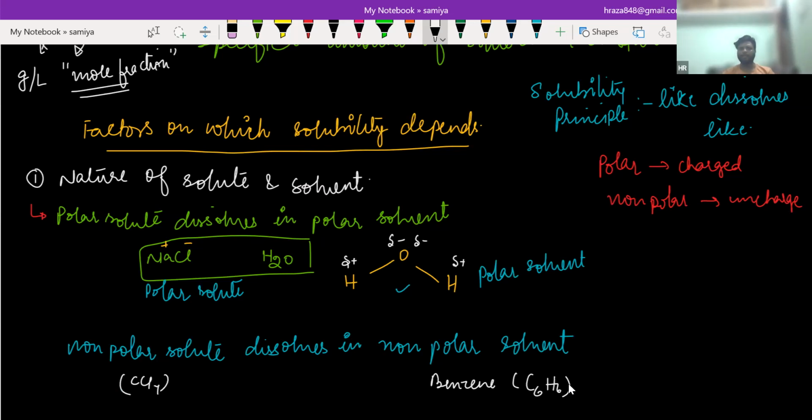These are non-polar. So the solubility principle is simple: like dissolves like, which depends upon the nature of solute. If the solute is polar, it will be soluble in polar solvent. This is how solubility depends on the nature of solute and solvent. Please write it, and if you have any doubt, just ask me. Then I will explain the next factor on which solubility depends.